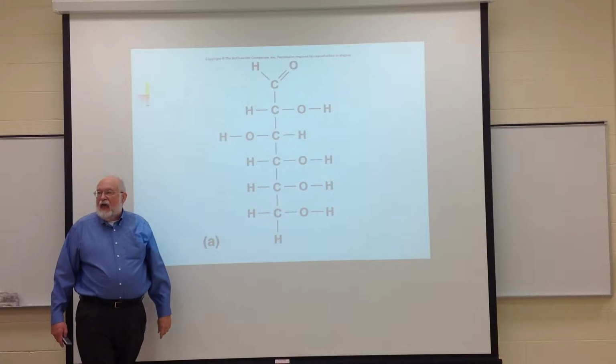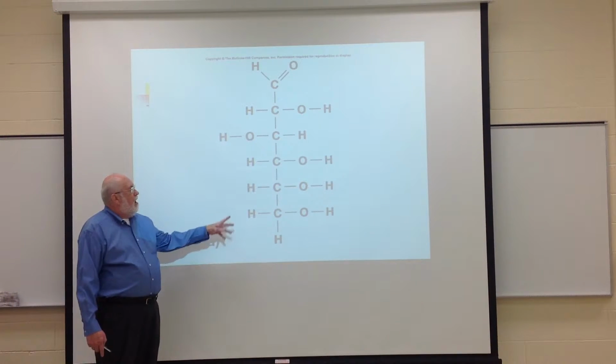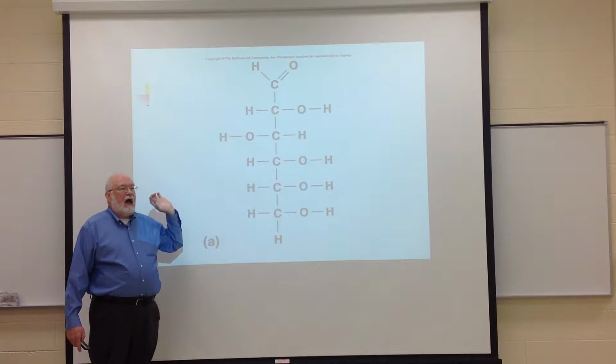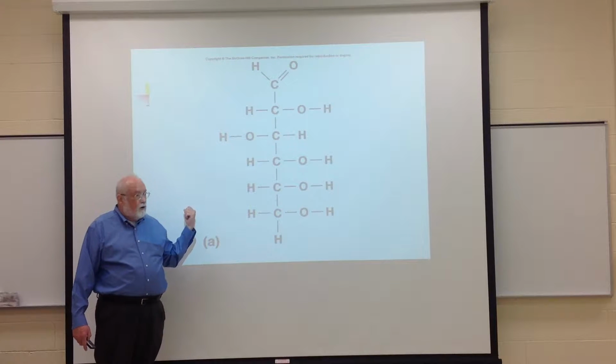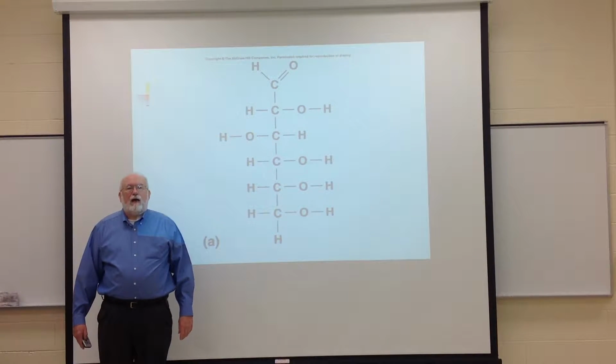Now, you notice the only other things that are here are oxygen and hydrogen in addition to the carbons. And if you count, you're going to find the hydrogens and oxygen in a 2-to-1 ratio. Now, the molecular formula for this would be C6H12O6.